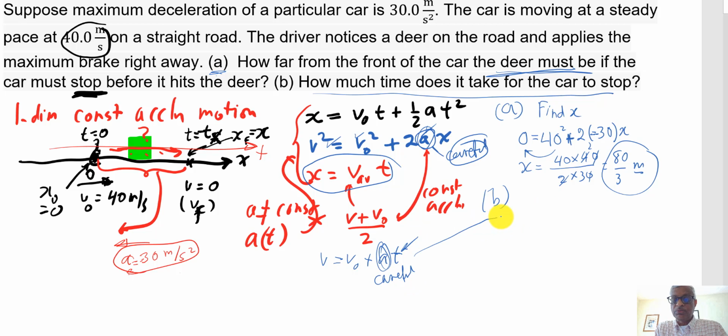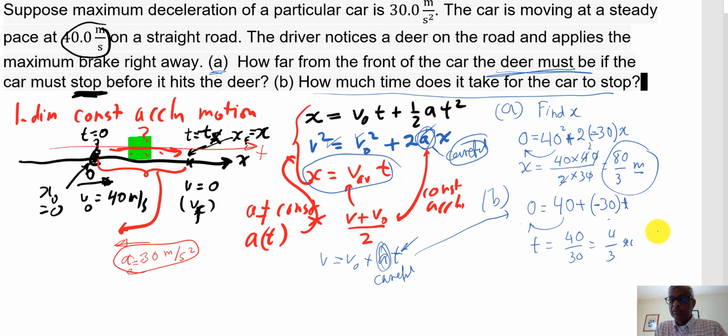So 0 equals v0, which is 40, plus minus 30 times t. The minus cancels out on that side, and so t equals 40 over 30, which is 4 over 3 seconds. So these are the answers.